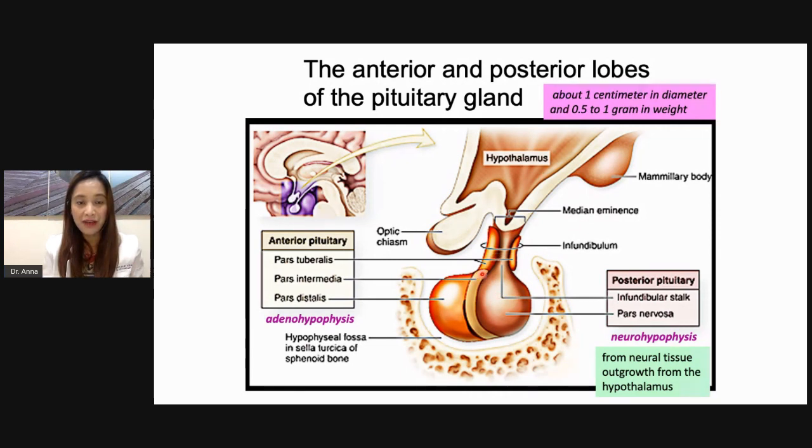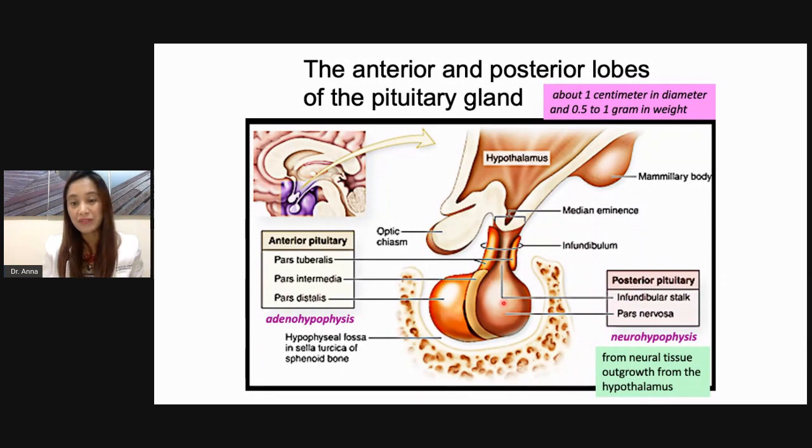And your anterior pituitary is composed of your pars tuberalis, pars intermedia, and pars distalis. And it wraps around your infundibular stalk. Your posterior pituitary, on the other hand, is composed of your infundibular stalk and your pars nervosa.